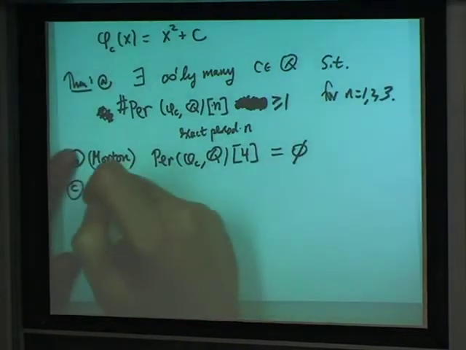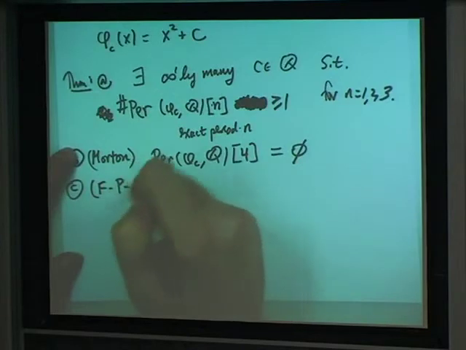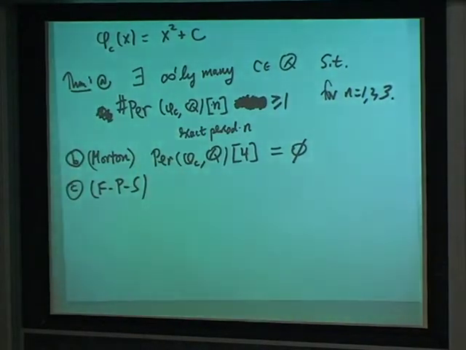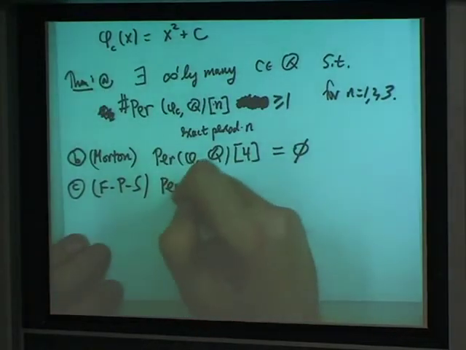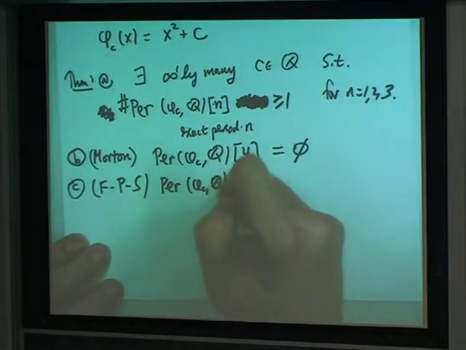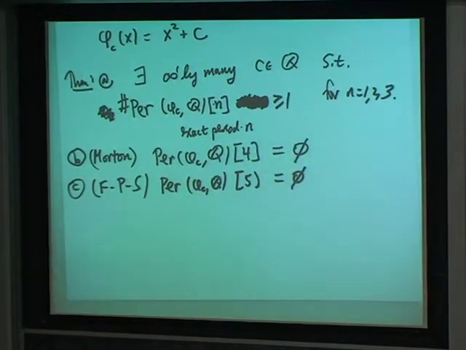Much trickier. Victor Flynn, Bjorn Poonen, and Ed Schaefer, three names, you just get abbreviations, proved the same thing for period 5. So there are no c values that have a rational periodic point of period 5.